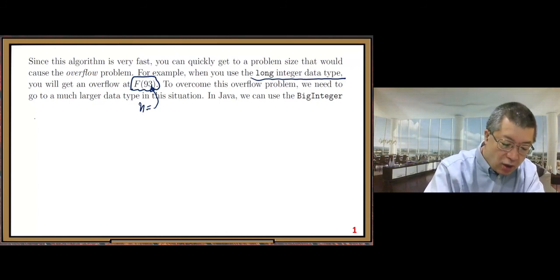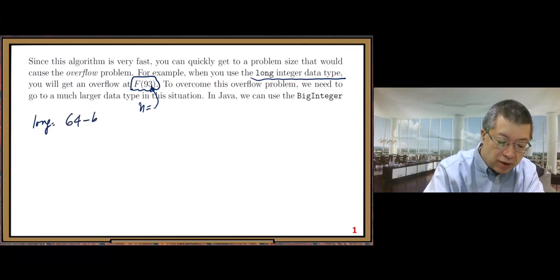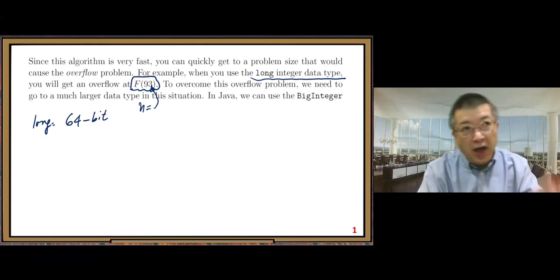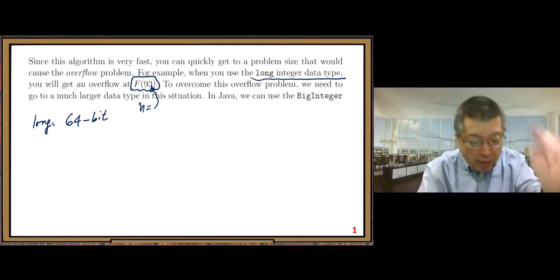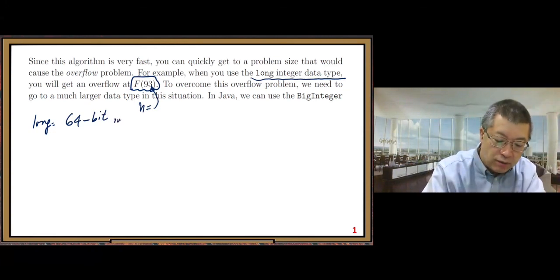Long integer, we need to use 64-bit, 8 bytes, 64-bit integer, right?